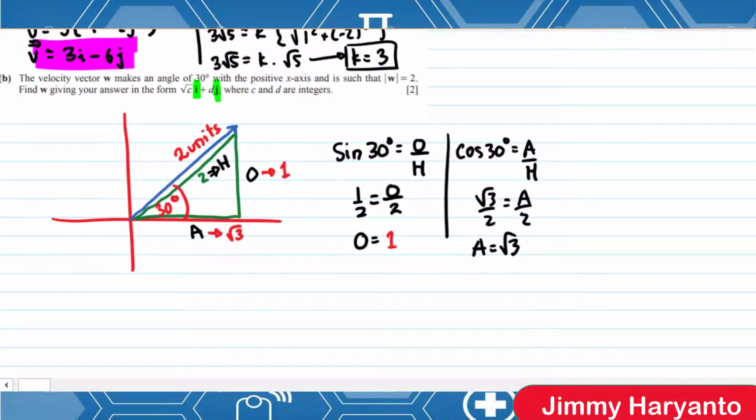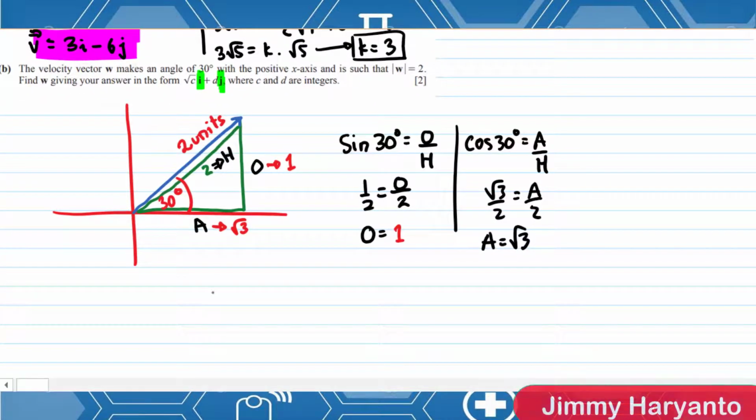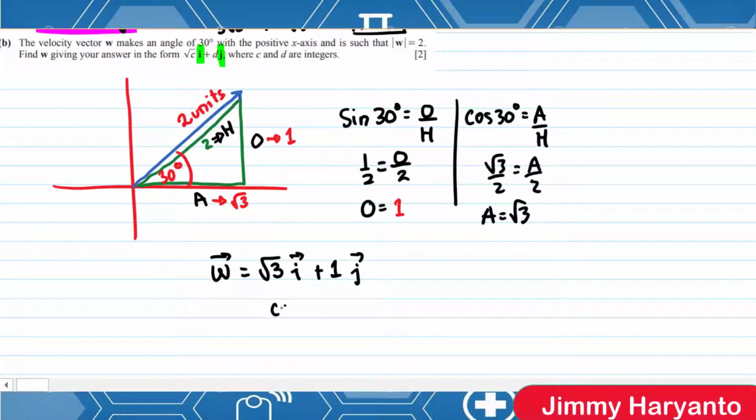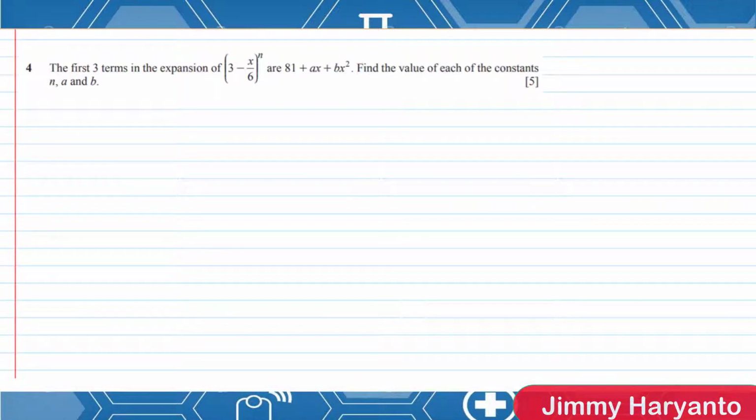After that, we can find the vector W. The x is square root of 3 i, and the y is 1 j, just like that. So c equals square root of 3, and d equals 1. There you go.